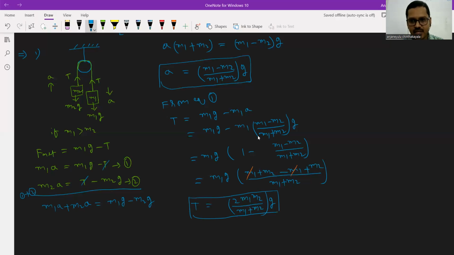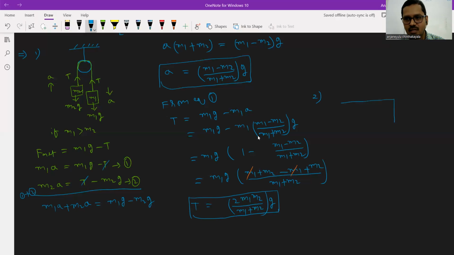And next, one more application. If I take one block on a horizontal table and one connected by using a pulley, in this also we have to find the tension T and acceleration A of the two blocks. See this diagram here.